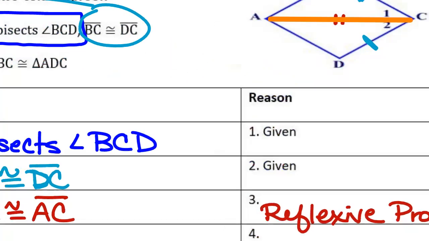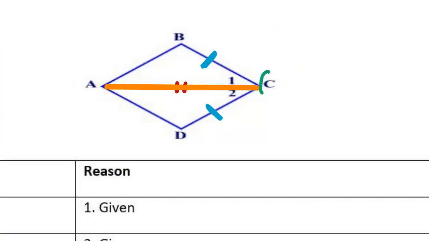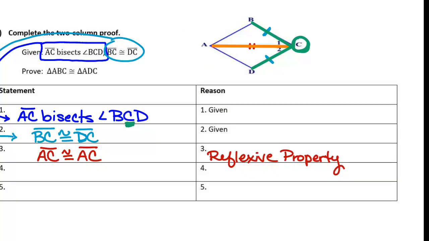Well, angle BCD, I'm going to look at that middle letter, C, that's my vertex. So I'm looking over here. So from B up to C, and then C down to D. That's what's being bisected. What does bisect mean? To cut it in half.